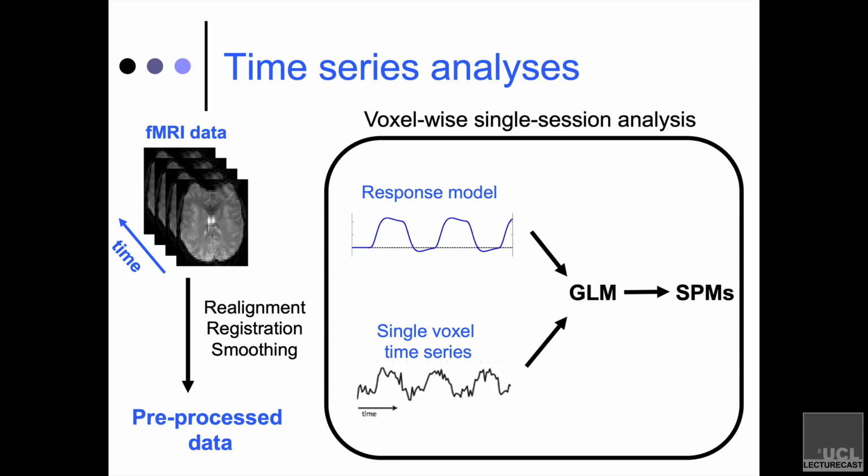And using the general linear model, we're going to generate a set of statistical parametric maps, or SPM. That's where the software gets its name. These are known as statistical parametric maps, and we'll go into why in just a minute, but that's where the software name comes from.